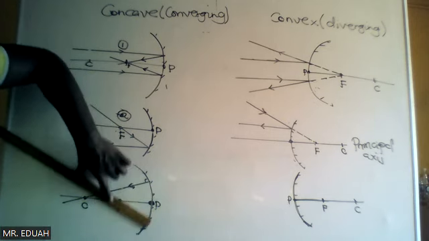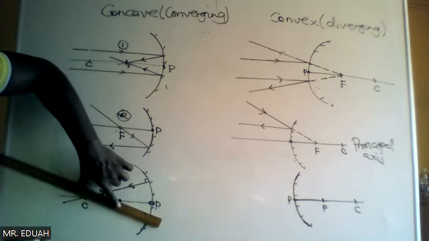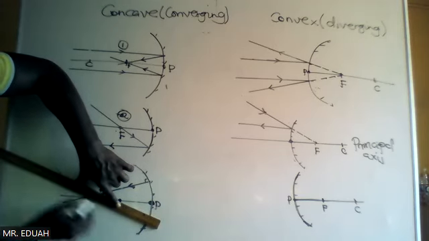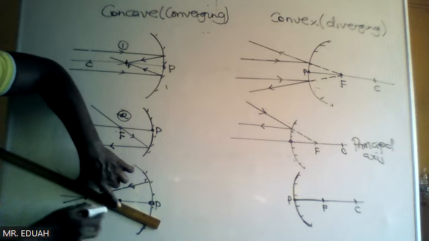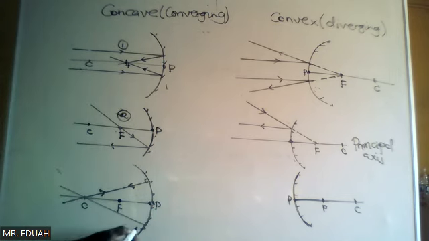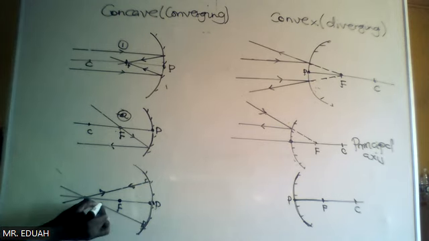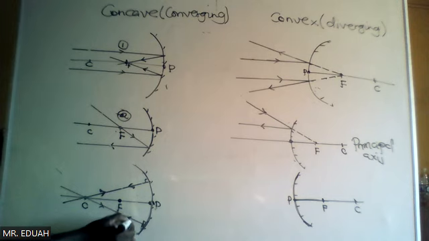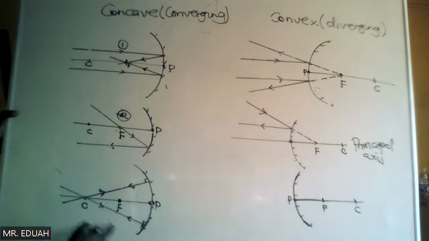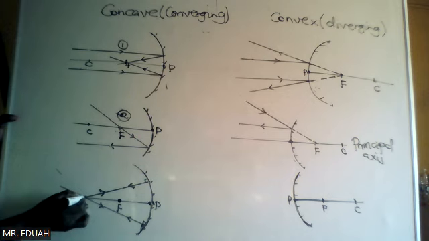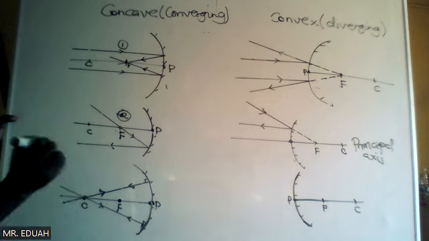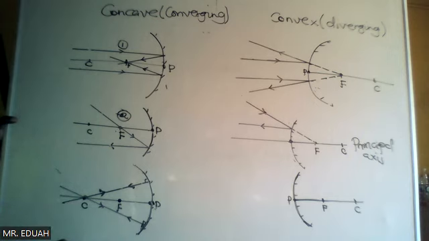This one indicates coming from below, but it can also come from anywhere, so long as the ray hits the mirror at 90, normally, perpendicularly. Okay, incident, reflection. So it incidents and then takes the same path as the reflected ray, and no matter where they are coming from, they all pass through a point on the principal axis.